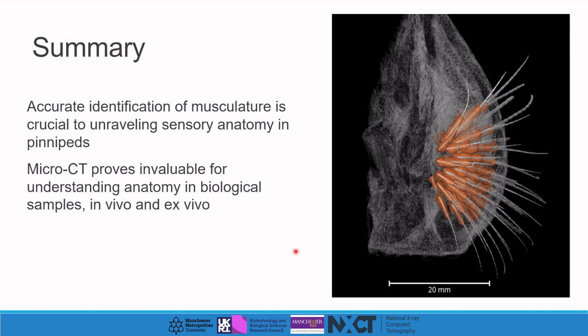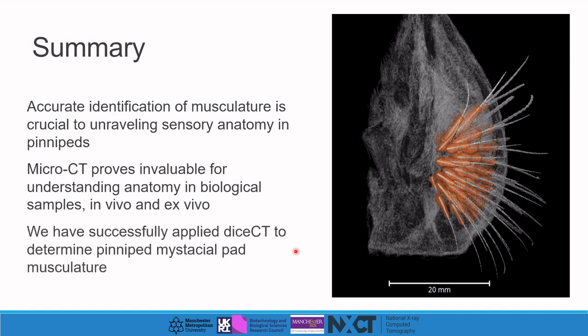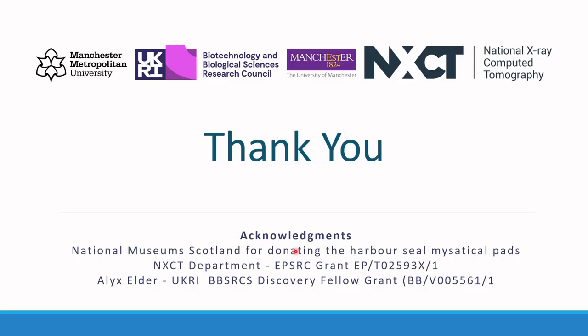Having our samples preserved allows us to use the reversible staining technique, DICE-CT. As we have shown, the DICE-CT significantly improves the data we can obtain compared with standard CT scanning, leading to our group being able to identify the key muscle structures of interest in 3D.